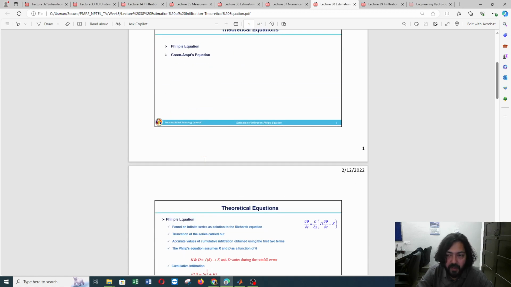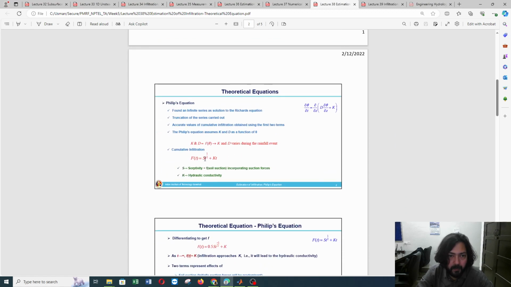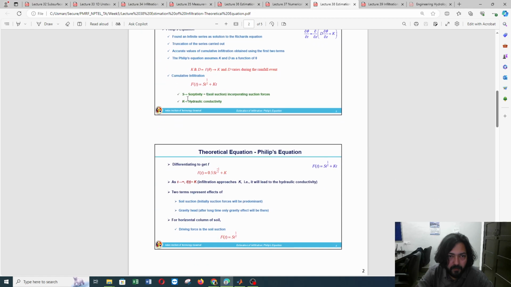So let us see Phillips equation first. This is the equation given by Phillips to calculate cumulative infiltration. The cumulative infiltration equation is given by S t to the power half plus K t. There are two terms taken into consideration.